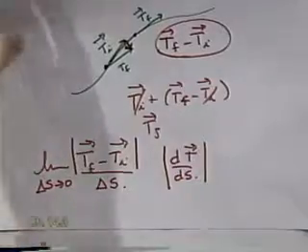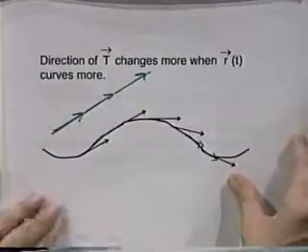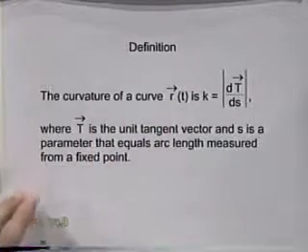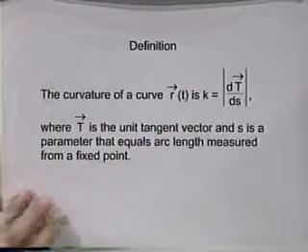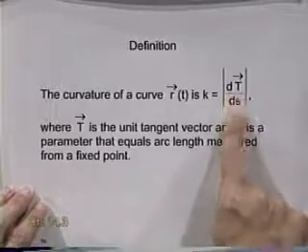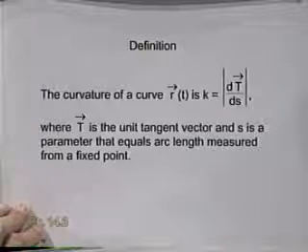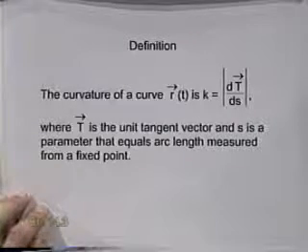All right, and for that reason, we are going to define, and this is time to take notes, the curvature of a curve r(t) is given by kappa equals the magnitude of dT/ds, where T is the unit tangent vector, and s is a parameter that equals arc length measured from some fixed point.